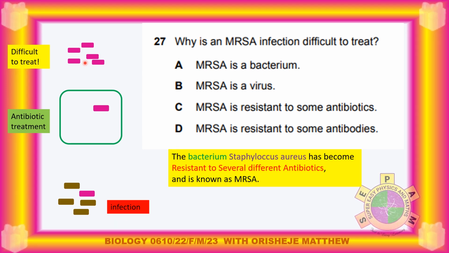They keep on multiplying in the body, and the infection will continue, because this particular strand of the bacteria is resistant to some antibiotics. So why is MRSA infection difficult to treat? Because the strand of the bacteria is resistant to antibiotics. So C is the answer to this question.